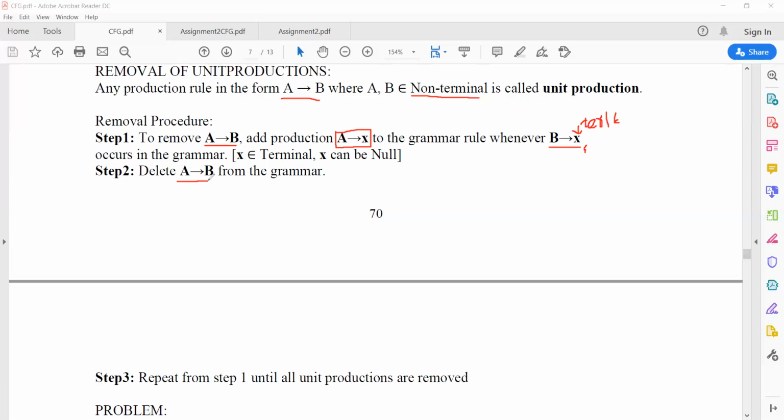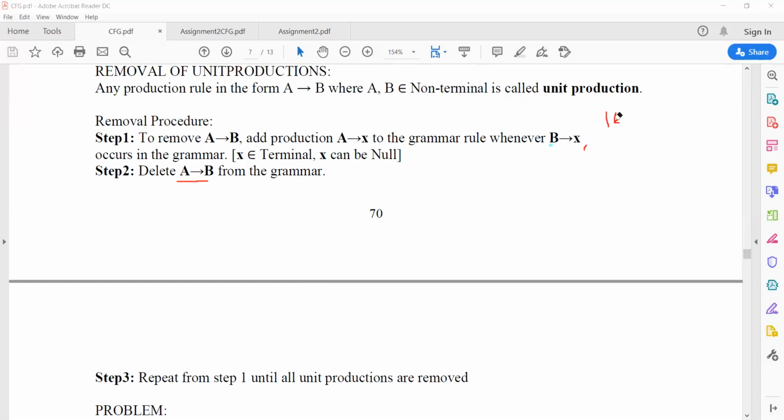That leads to the simple removal of a unit production from the grammar. This process will repeat, as step 3 says, until you complete the removal of all unit productions from a given set of rules of a grammar. This is called unit production elimination from the grammar.